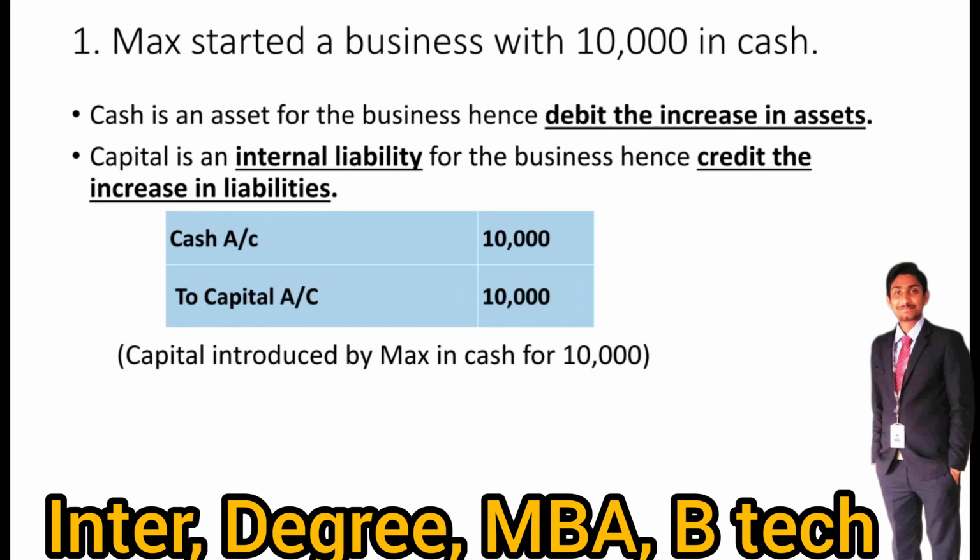So liability increase means we mention it on the credit side of the journal entry. So the journal entry is: Cash account debit to Capital account. Narration: capital introduced by Max, 10,000 rupees.